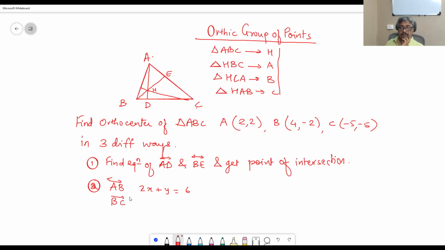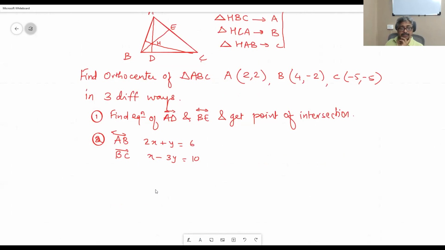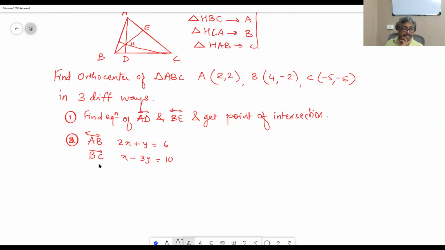Equation of BC: -2 plus 5, that is 3 upon 9, 1 by 3 is the slope, therefore x minus 3y is equal to -5 plus 15, that is 10. And the equation of AC: slope is 7 upon 7, that is 1, x minus y is equal to 0, right? These are the slopes.